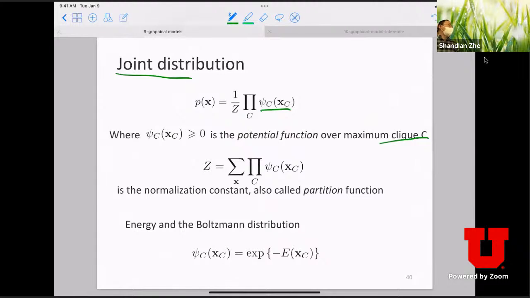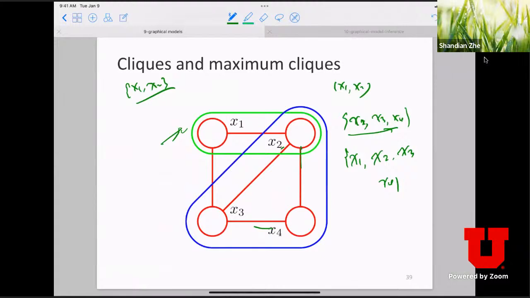That's how we define an undirected graphical model. In other words, if you want to associate a probability distribution with this undirected graph, you have to define a potential function over each maximum clique.